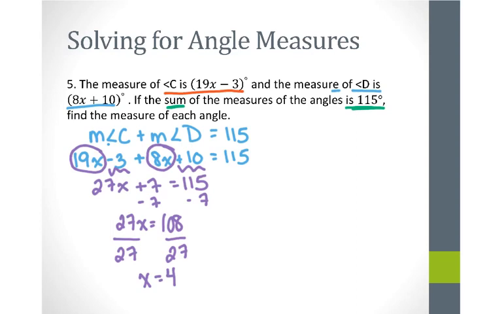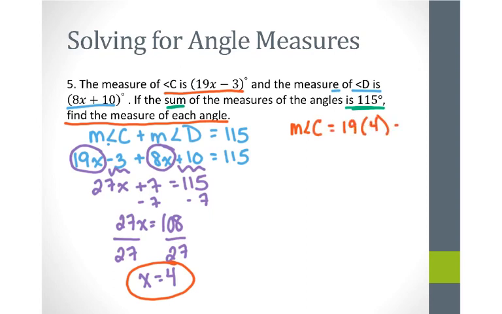Now, I'm not done though, because it says find the measure of each angle. So now you're going to take your value of x is equal to 4 and plug it into both. So the measure of angle C is going to be equal to 19 times 4 minus 3, and I need to solve for the measure of angle D, which is going to be 8 times 4 plus 10.